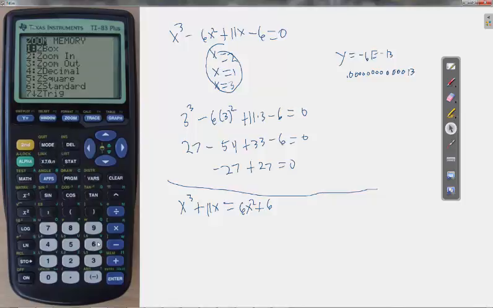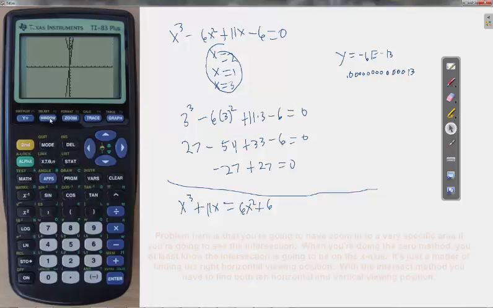Zoom. Let's do Z standard again. Well, it's a bit harder to see.